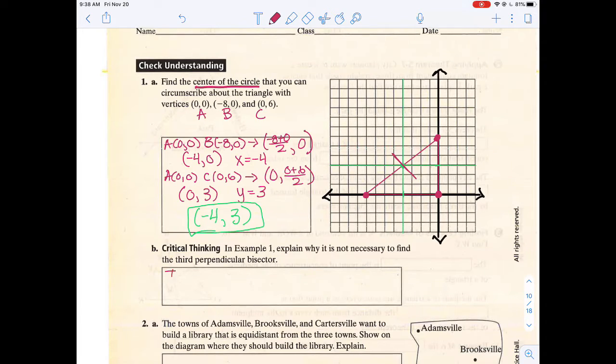So the reason you don't have to find it is because the point of concurrency lies on the third side of the triangle.